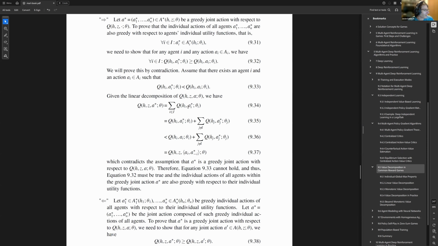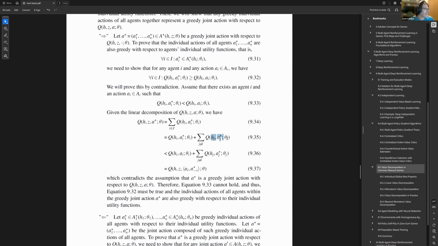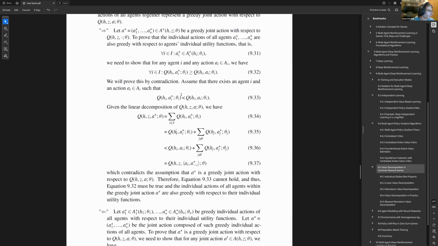Then we can separate this out between the sum over all the utilities for the agents where we haven't made this assumption, right? This is saying that for a particular agent i, we're assuming that it is not the actual maximizing value. So these are all the agents where it is, and then we have agent i where it is not, or we're assuming that there's some other action a that could be the maximizing value.